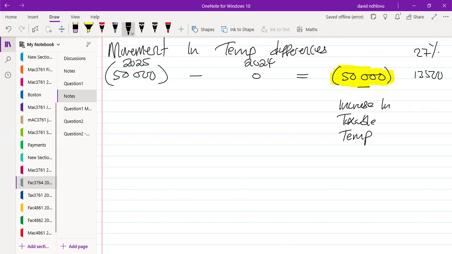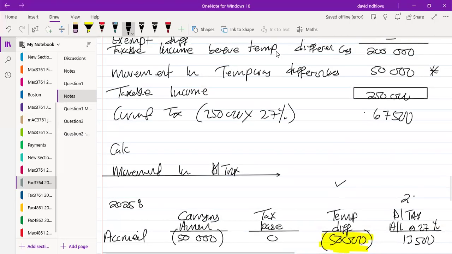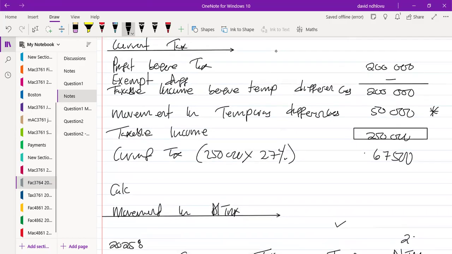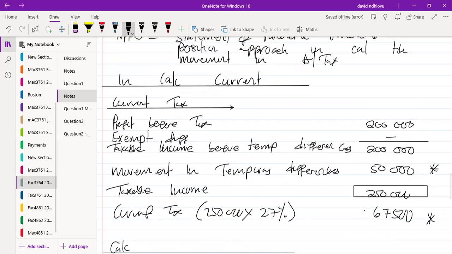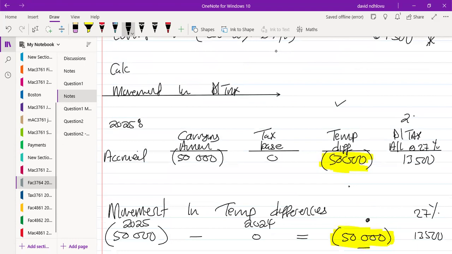That's what it does. It leads to an increase in taxable income in the future, but reduces it in the current year. So you add it as long as it is negative here. When you bring it that side, you are going to add it. So you then get that figure. This is how they want you to present this information here. Any questions, good people?